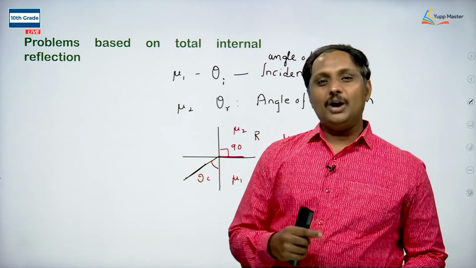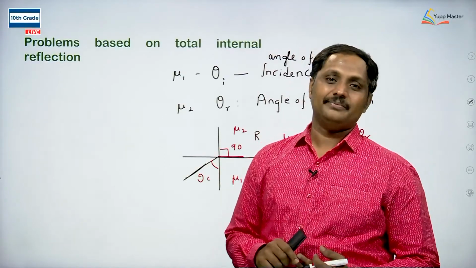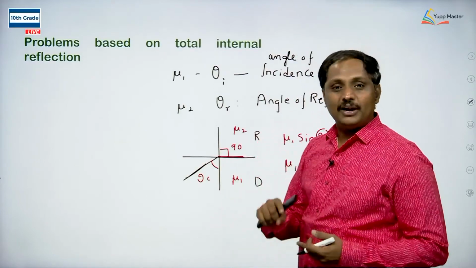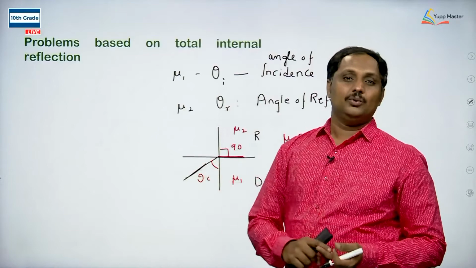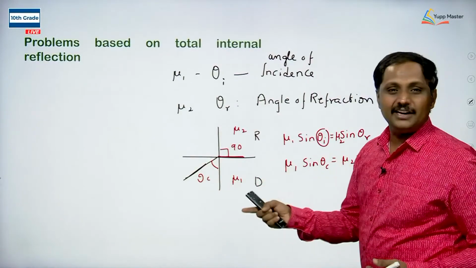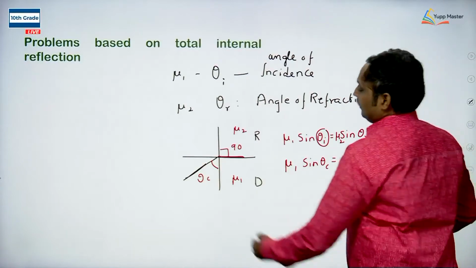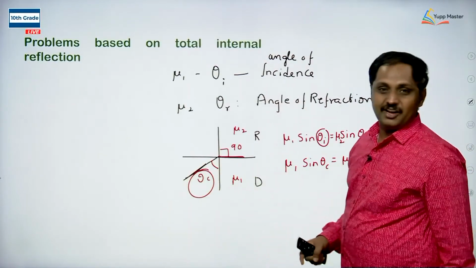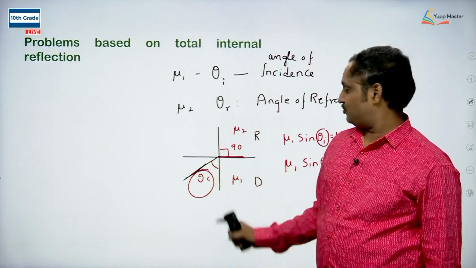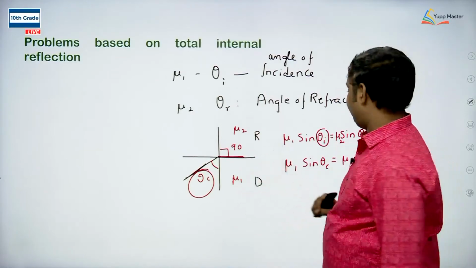Suppose you have to make light rays incident, you need to choose the angle of incidence at which total internal reflection occurs. From this condition we can derive that the minimum criterion is that it has to cross theta c, known as the critical angle.